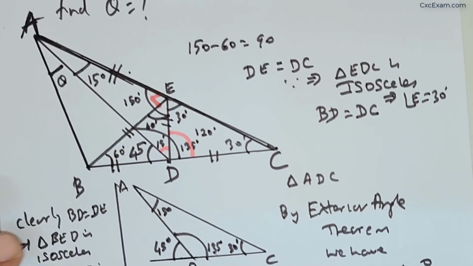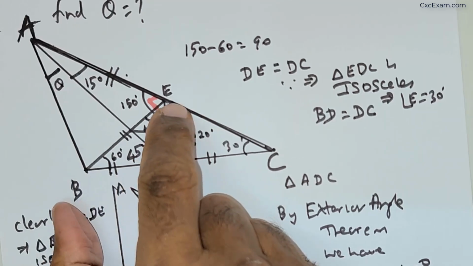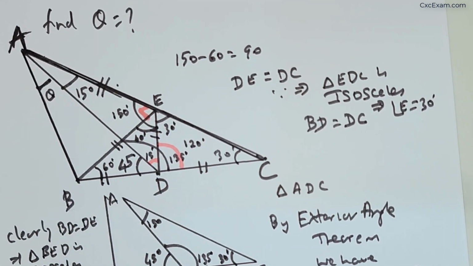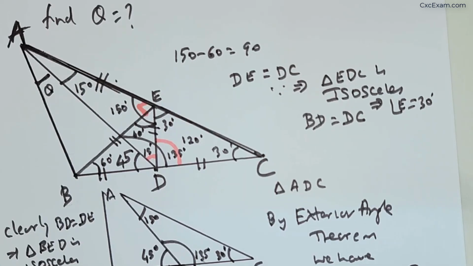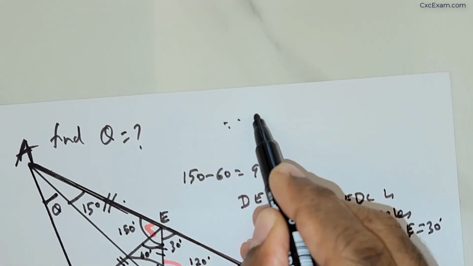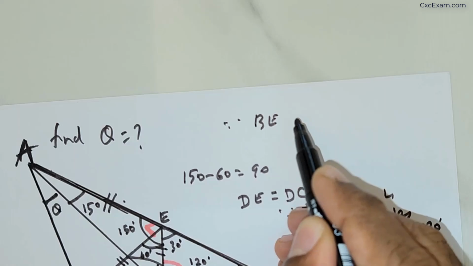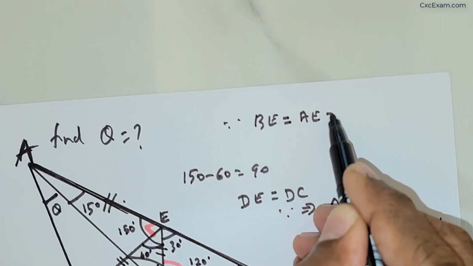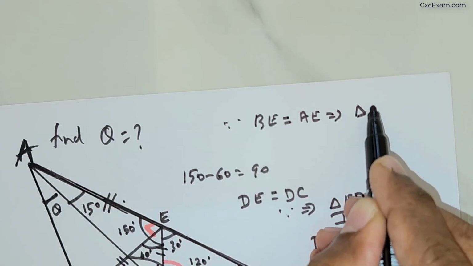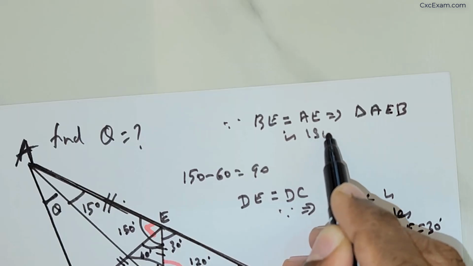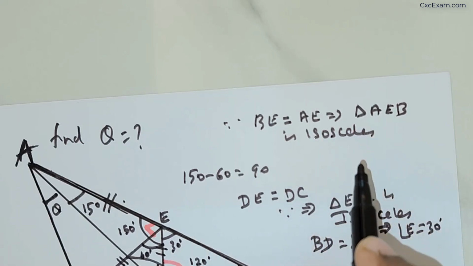Now you see here BE and AE are equal. Let me write that down here. Since BE is equal to AE, triangle AEB is isosceles, right?